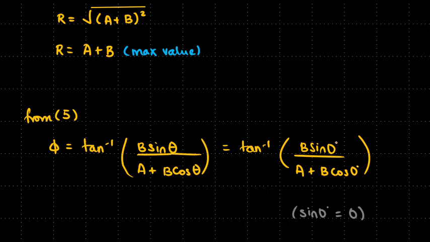So tan inverse 0 is just 0 degrees, which will tell us, so let's go to the next page. We have phi must be equal to tan inverse 0, so phi must be 0 degrees.